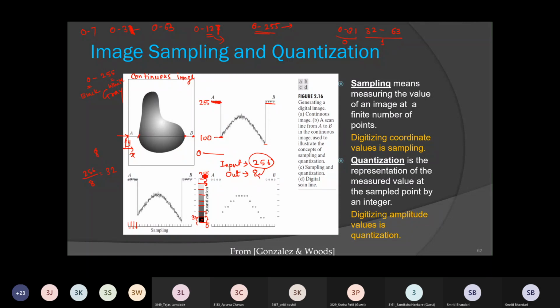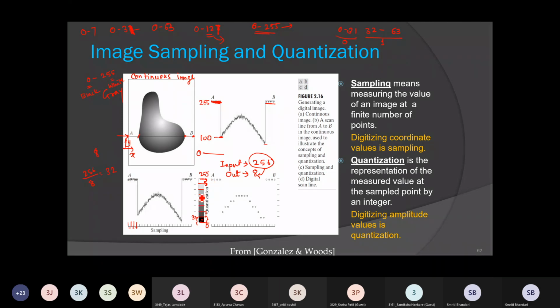Right now what we have done is 0 to 7 quantization. So 256 values are being converted into the range 0 to 7. Quantization is the representation of the measured value at the sampled point by an integer. These squares represent the sampled points.